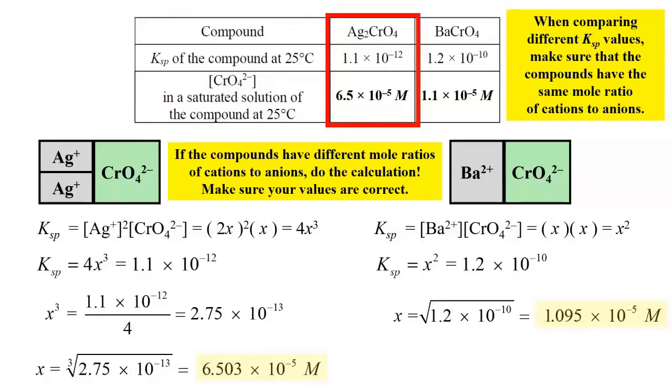But as we saw in question 5, if the compounds that you're comparing have different mole ratios for the cations and the anions, go ahead and pick up your calculator, do the calculation, make sure your values are correct so that you would discover the actual concentration of a particular ion and not just simply look at the Ksp values.